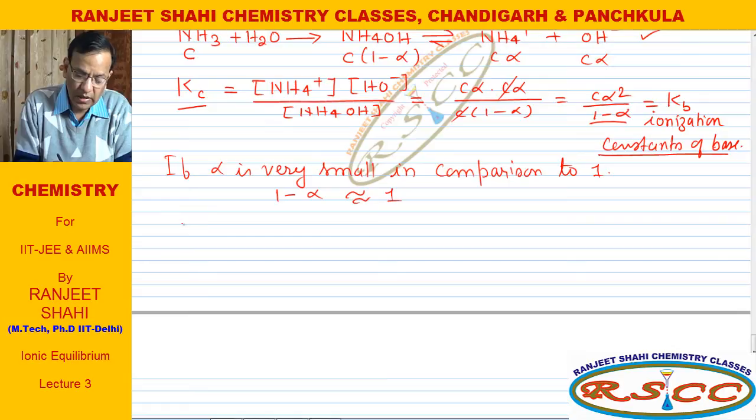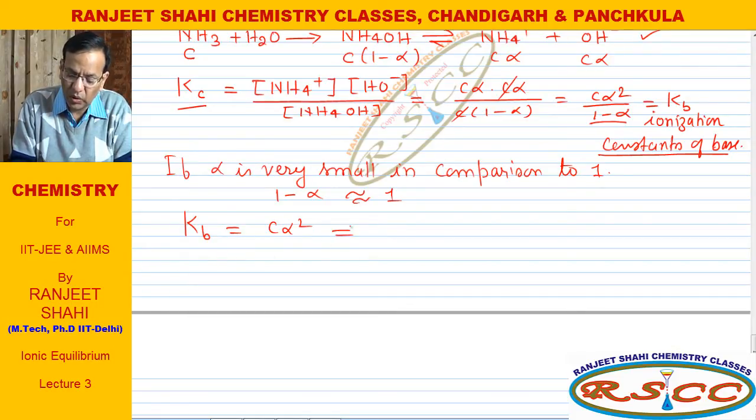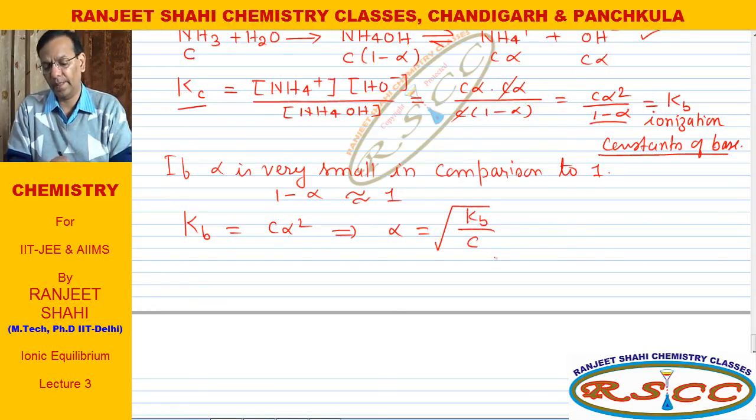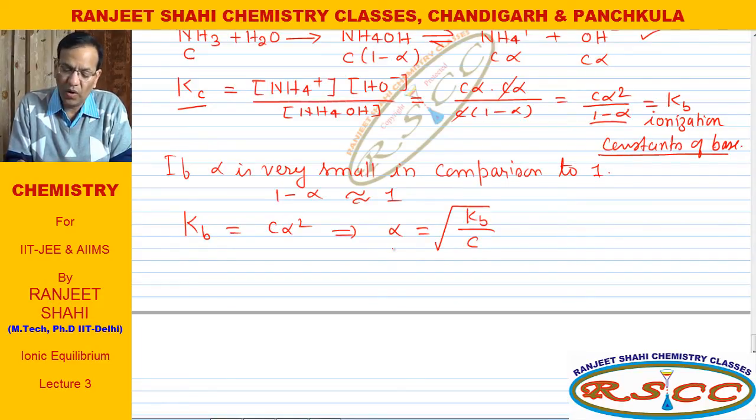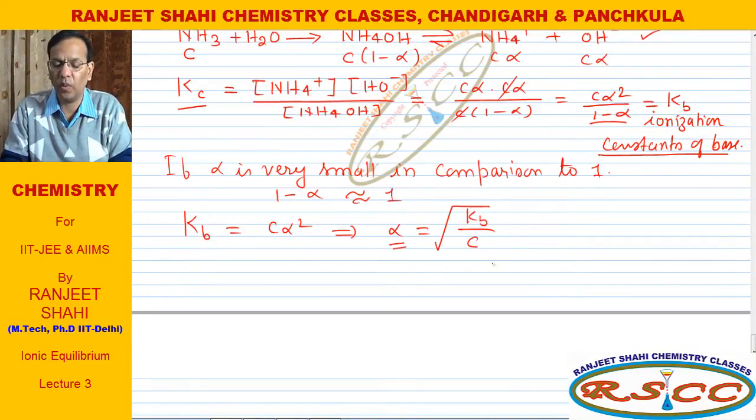With this assumption, Kb will become equal to C alpha square upon 1 minus alpha, which is 1. So, once again alpha will be equal to root under Kb upon C. Like in case of weak acid, in case of weak base also, the approximate value of alpha can be determined by a similar equation, which is once again an Ostwald equation. And the same dilution law applies here, that if we dilute the solution, alpha will increase, and at infinite dilution the weak base will be completely ionized.